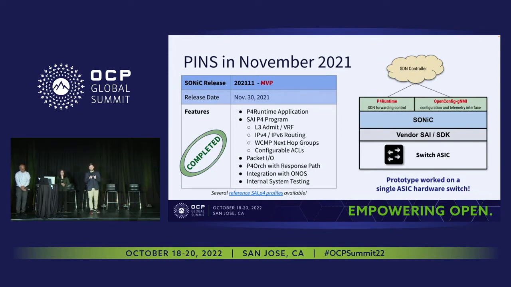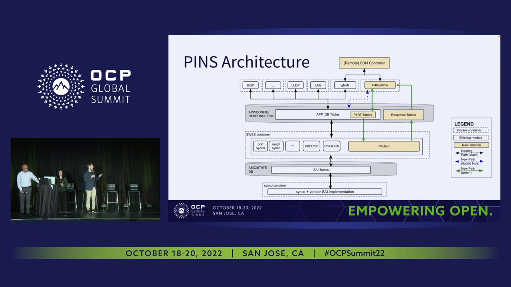We provided a new Orch in orchagent with a response path to give feedback to the controller when rules were correctly inserted. And we integrated all of this with ONOS, the open source network control plane from ONF. We had some testing that we worked on internally as well at the time to validate all the functionality that we had developed. And altogether, we had a working prototype on a single ASIC.